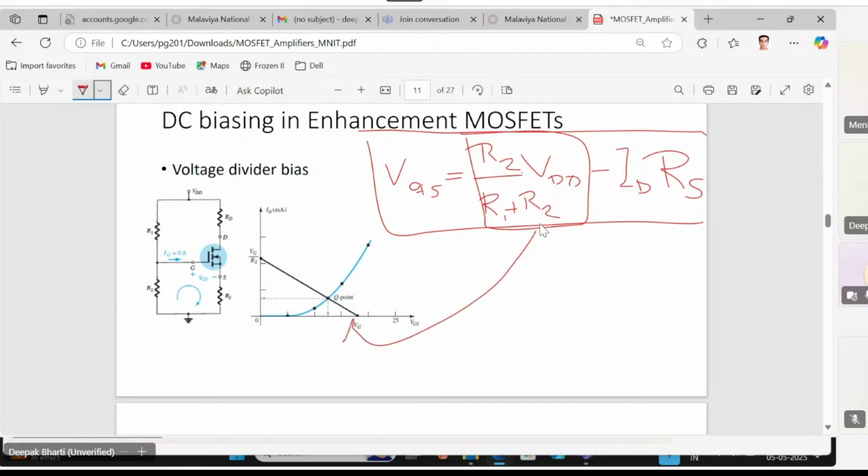The y intercept is VG divided by RS: put VGS equal to 0 and you get VG by RS as the y intercept, or the ID intercept. Wherever the transfer curve and the load line intersect, that determines the operating point.